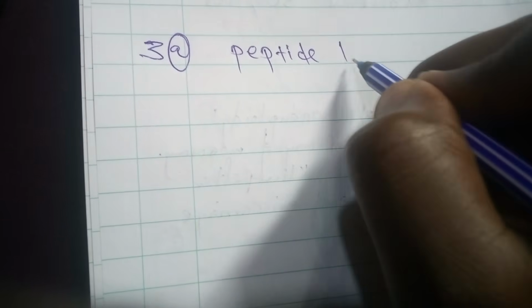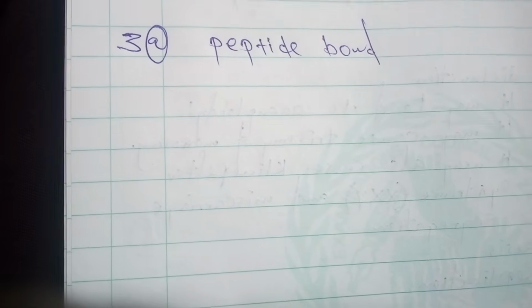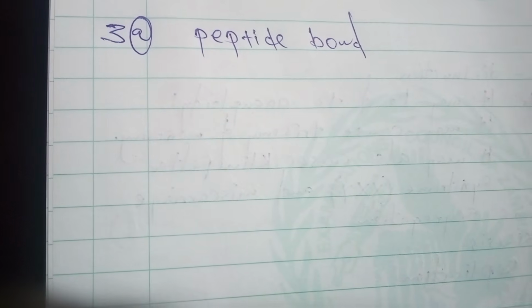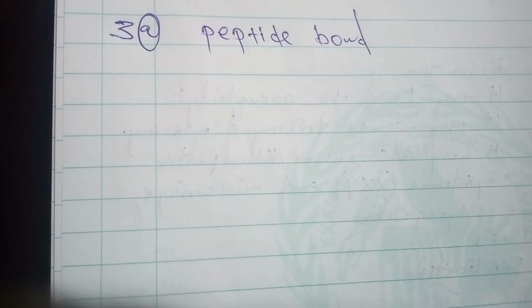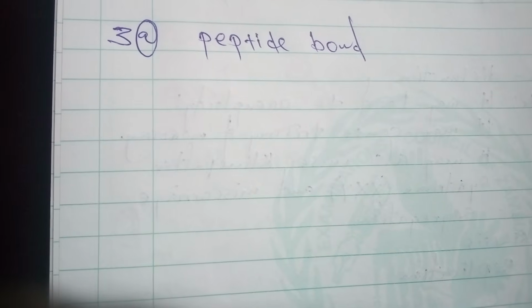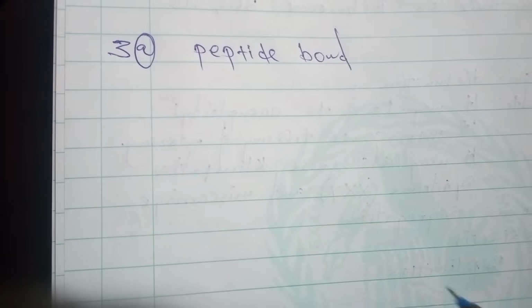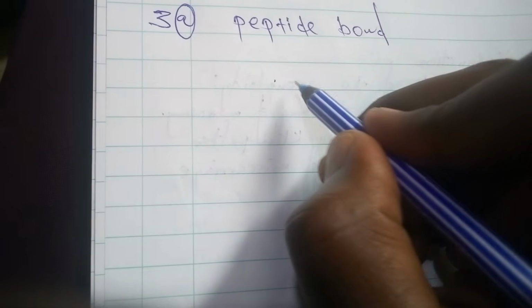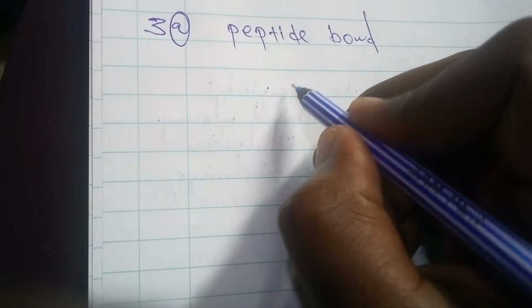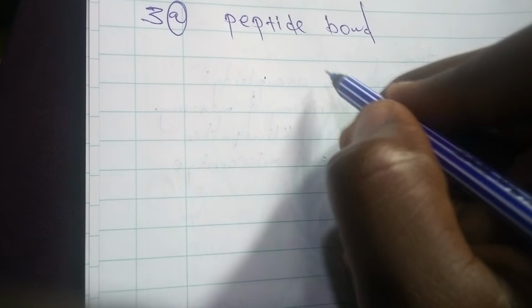So peptide bond. One thing that you should bear in mind is that for this bond to be formed, there were two subunits or monomers called amino acids that combined. So one thing that you are going to do is write the monomer of proteins where the peptide bonds exist.